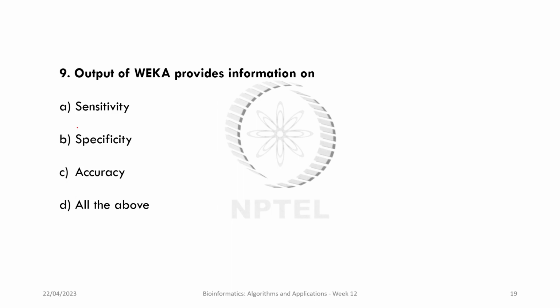Thank you, Malini, Vijayanta, and Shreya. So, four votes for D. So, output of Weka, as we just unintentionally discussed, provides information on sensitivity, specificity, as well as accuracy. You can derive those factors. Therefore, all of the above is the right answer.